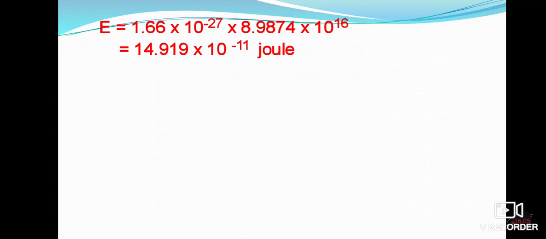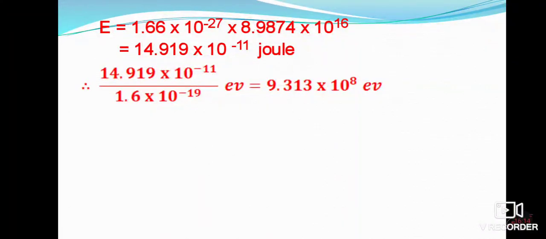After solving, we get E equals 14.919 into 10 to the power of minus 11 joule. We convert this into electron volts by dividing by the charge of the electron, 1.6 into 10 to the power of minus 19. After dividing, we get 9.313 into 10 to the power of 8 electron volt.